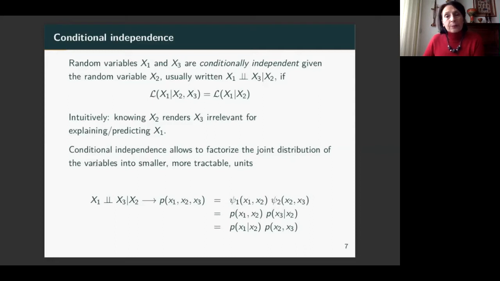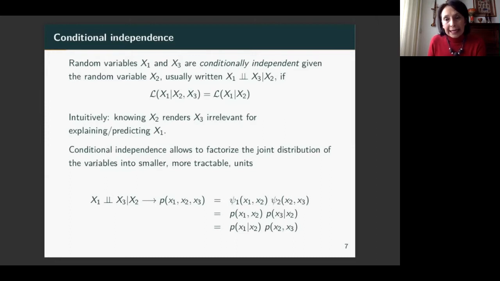Formally, conditional independence allows us to factorize the joint distribution of our variables into factors defined on smaller sets of variables. And here, once again, you see its usefulness. It breaks down the problem into smaller problems. There are multiple factorizations available, which somehow reflect the symmetry of the concept of independence.